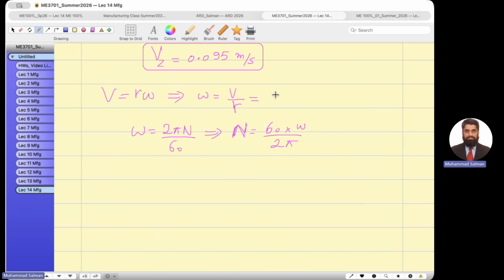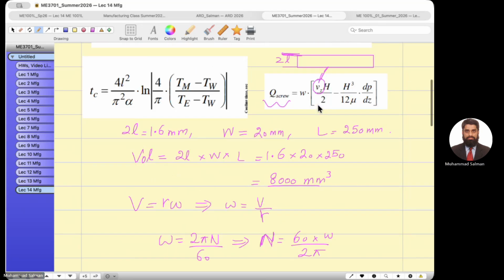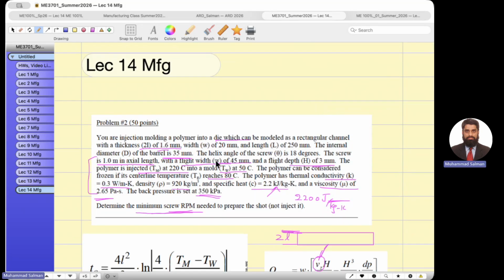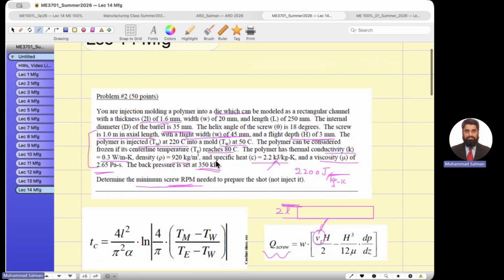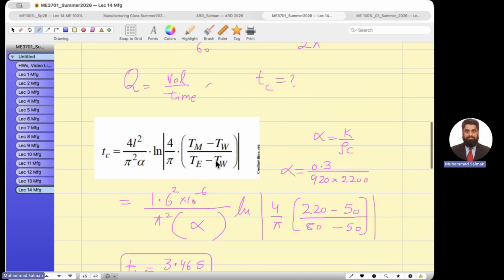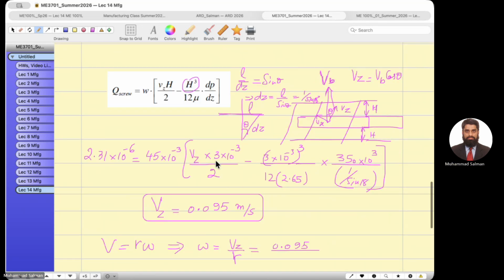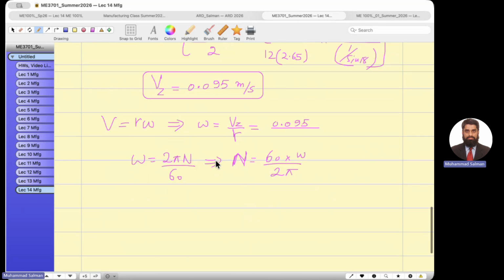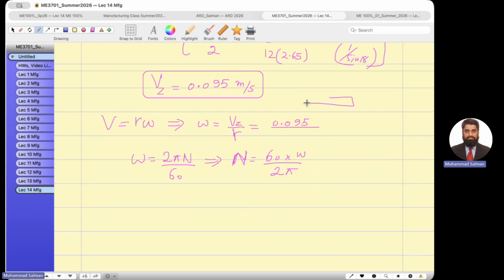Omega is Vz divided by R. The internal diameter of the barrel is 35. So make sure you do the screw. If this is a screw, this is the internal diameter, and this is the barrel.